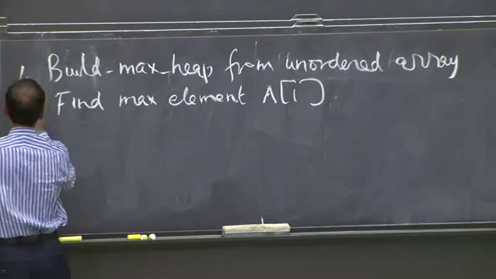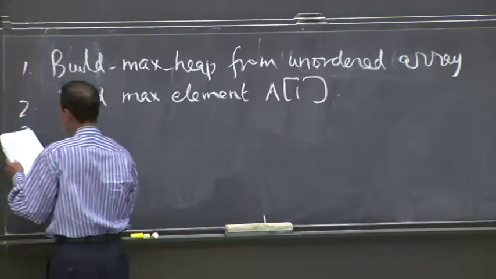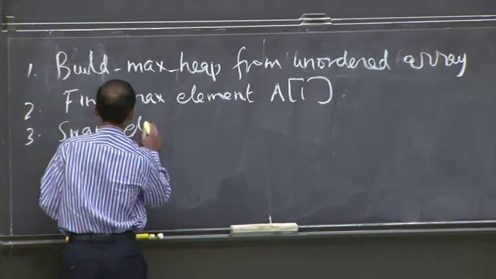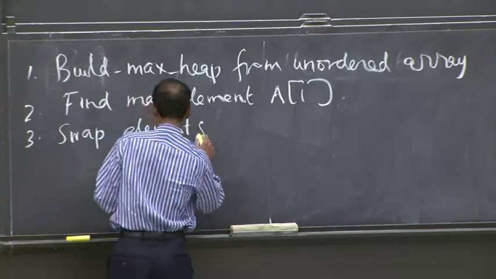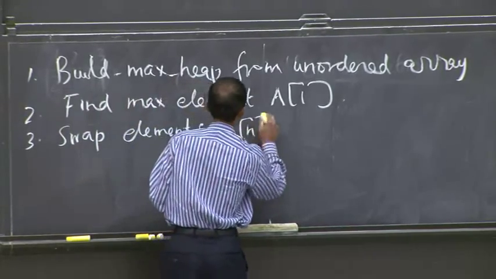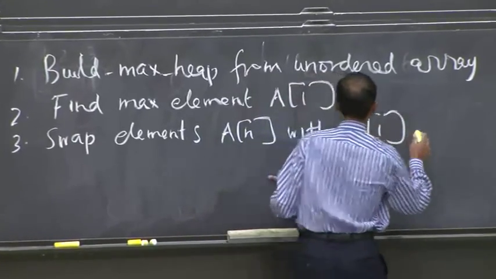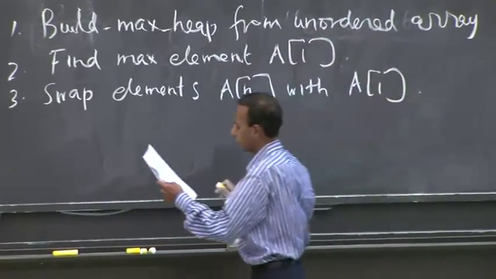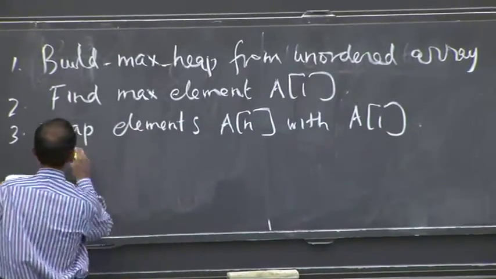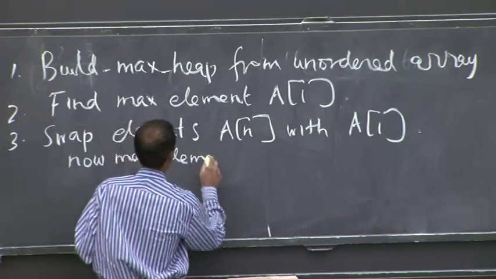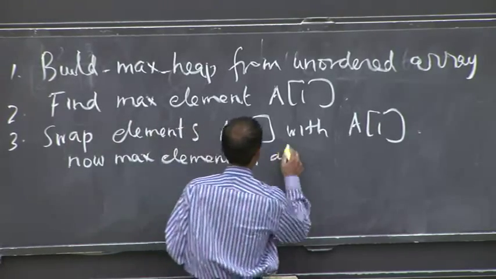Now the key step is you could do extract max, but one nice way of handling this is to swap the elements An with A1. Okay, and let me write this out and I'll explain exactly what that means. Now the maximum element is at the end of the array.